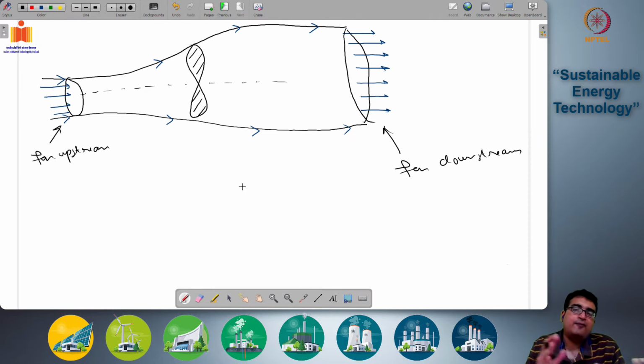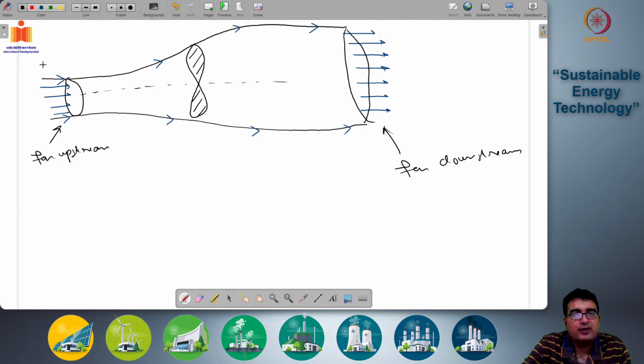And how do we define the far upstream and the far downstream? Basically, the impact of the wind turbine is no longer felt by the time you reach the far downstream, and they are not felt in the far upstream as well.